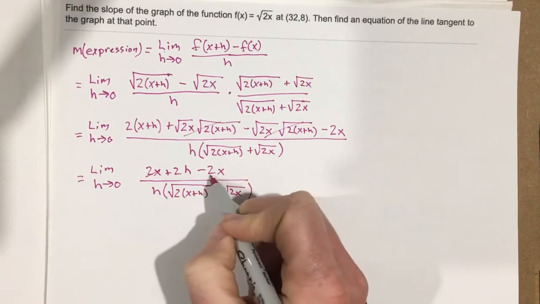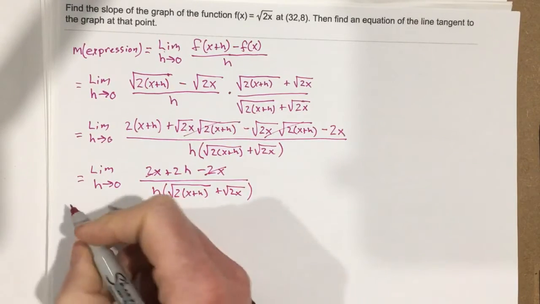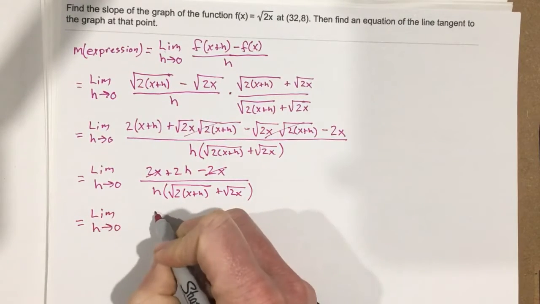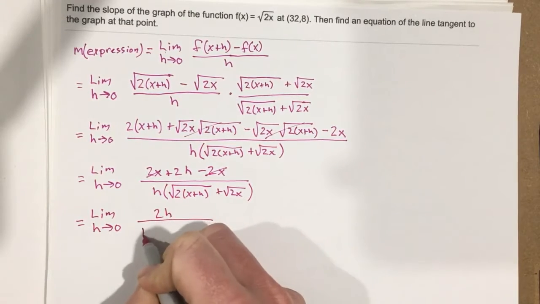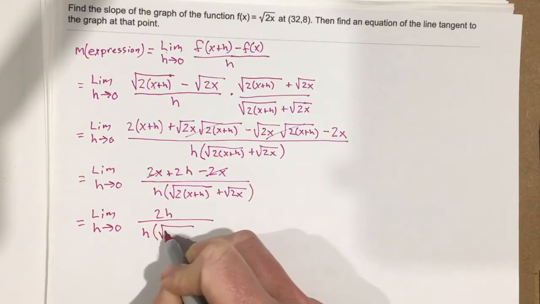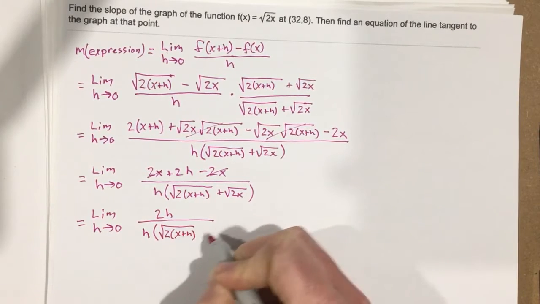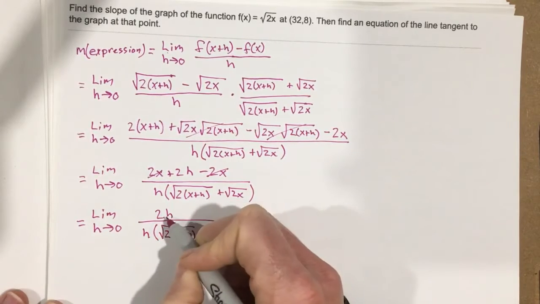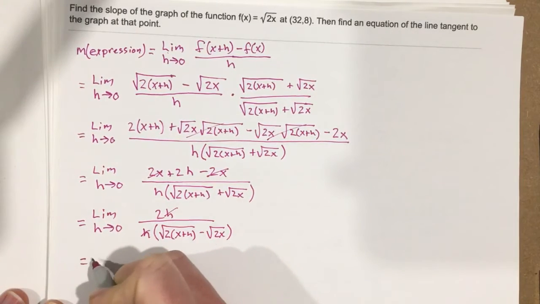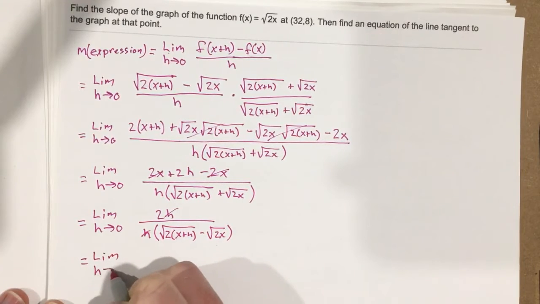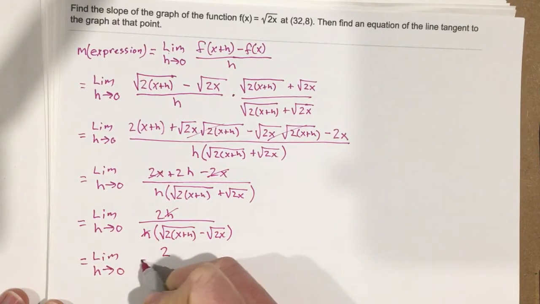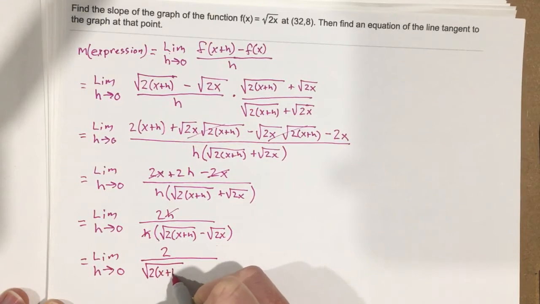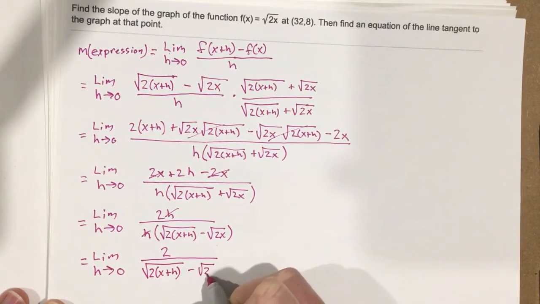These cancel, the 2x and the negative 2x, so I'm left with limit as h approaches 0 of 2h over h times root 2x plus h plus root 2x. The h's cancel, and I'm left with limit as h approaches 0 of 2 over root 2x plus h plus root 2x.